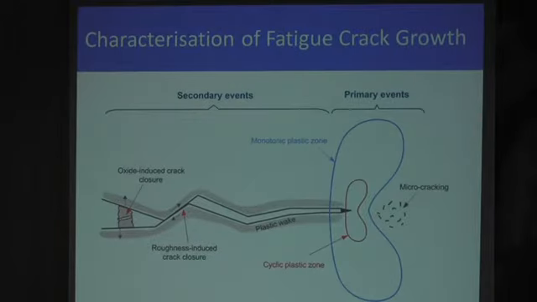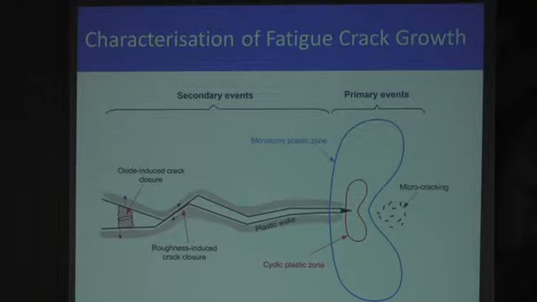Now, if I can pinch a slide from my student here, yesterday, because he was too much in a hurry, he didn't explain too well. If I could just emphasize the approach that we've taken. We regard fatigue crack growth in terms of primary events and secondary events.